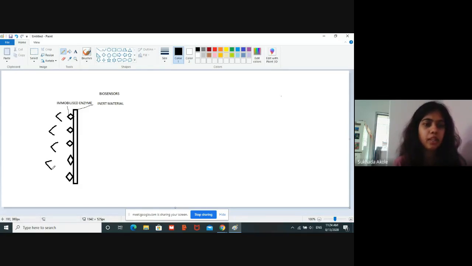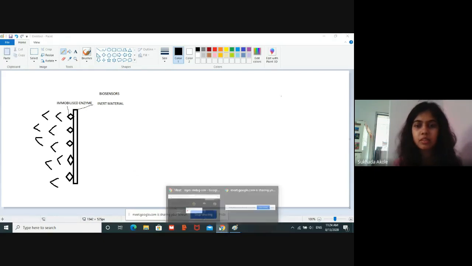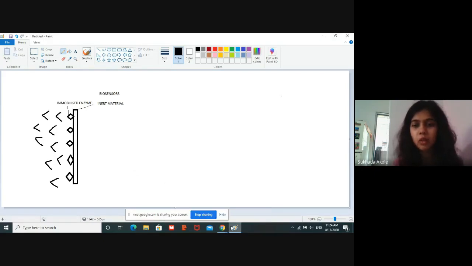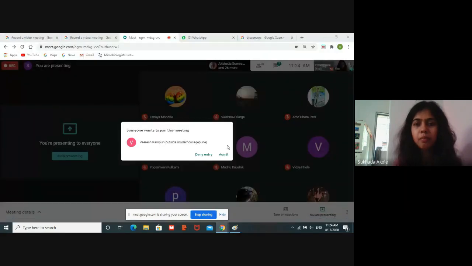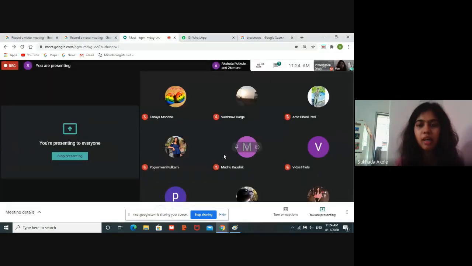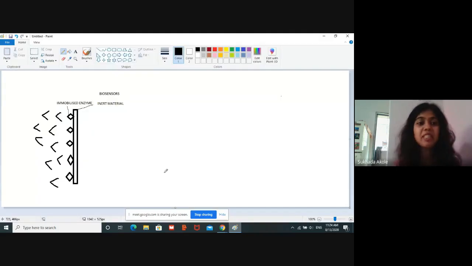Please remember, when I have a sample, that sample is going to contain lots of different things. Like for example, if I talk about blood and I have to check for sugar, my blood is going to have glucose as well as other materials in it. So I have to design a biosensor which is specific for that.